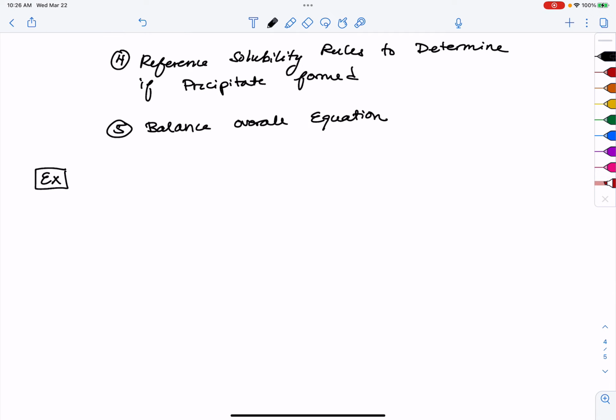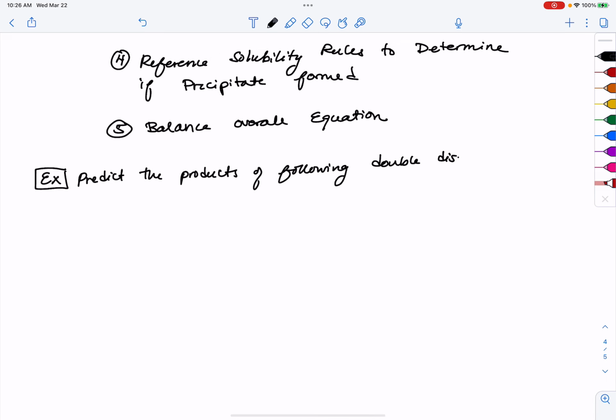So for example, predict the products of the following double displacement reactions and identify any precipitates that are formed.